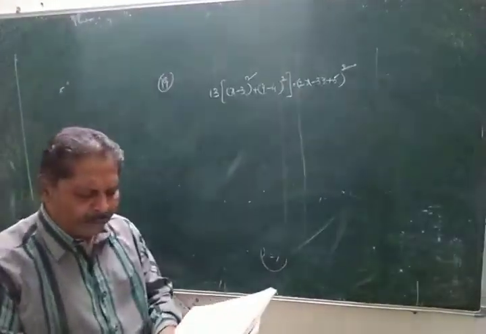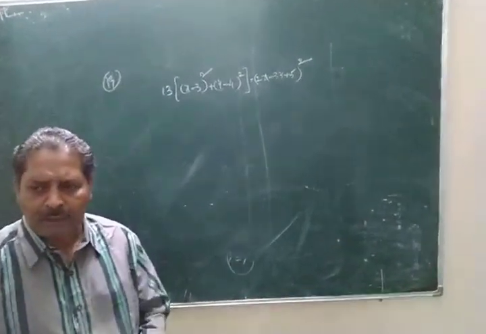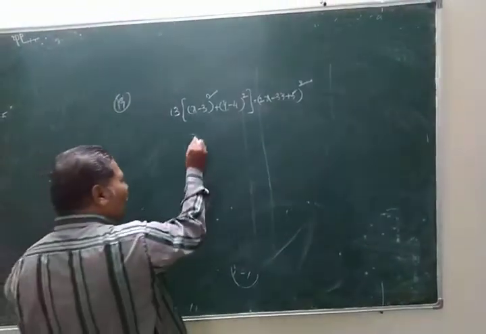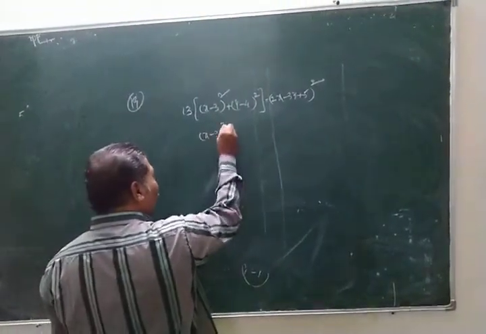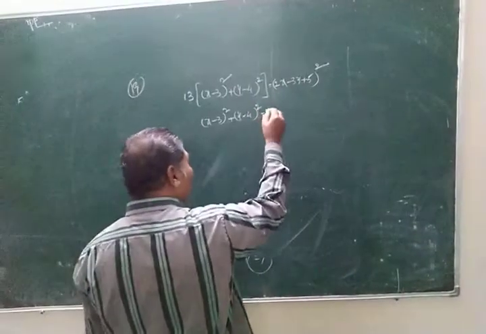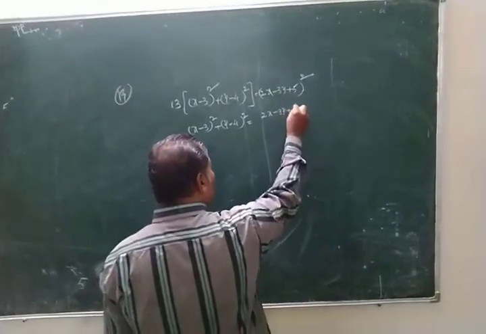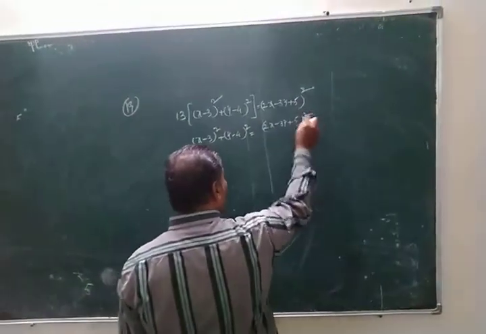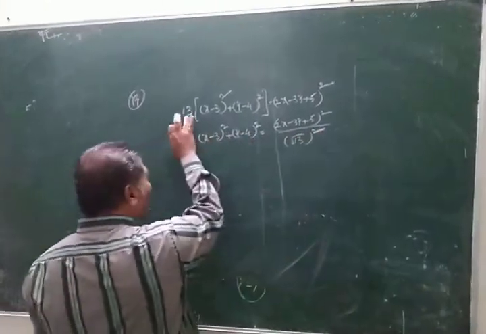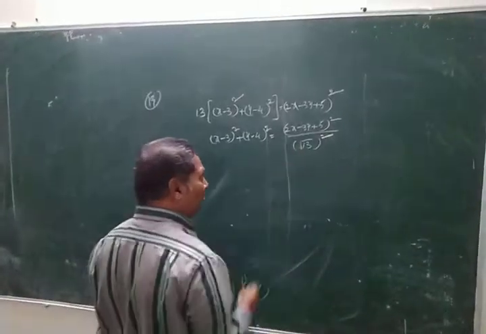Listen, see on the board, x minus 3 whole square plus y minus 4 whole square equal to 2x minus 3y plus 5 whole square by 13, that is root 13 whole square.